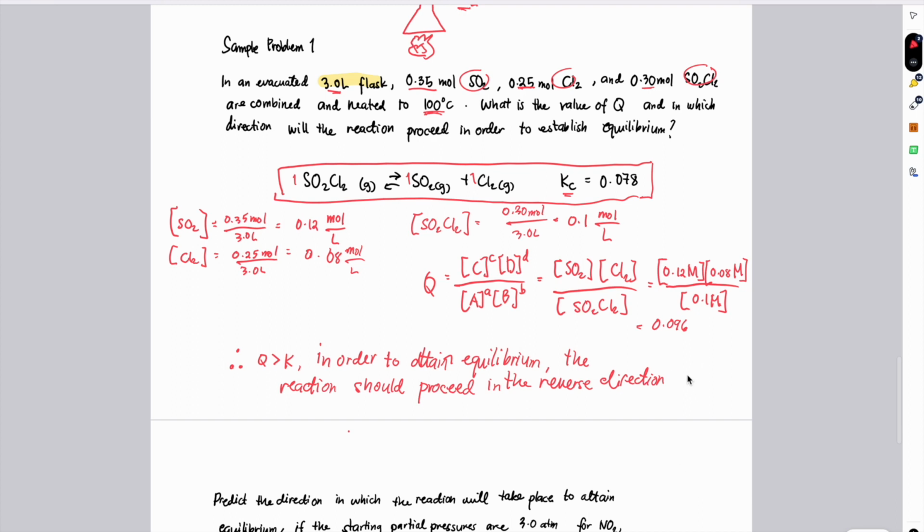At the rate. So this is the Q here. This is not the concentration. This is the rate. It's actually the quotient, or from what I have told you earlier, since this is product over reactant, this is the rate. In order to attain equilibrium, the reaction should proceed in the reverse direction at a rate of Q equal to 0.096.